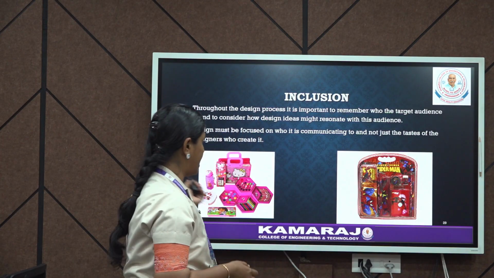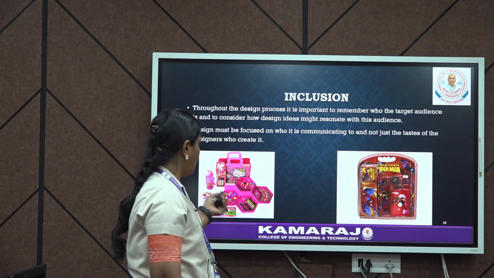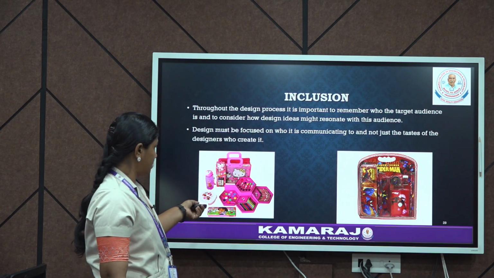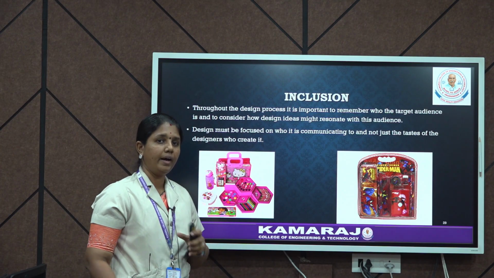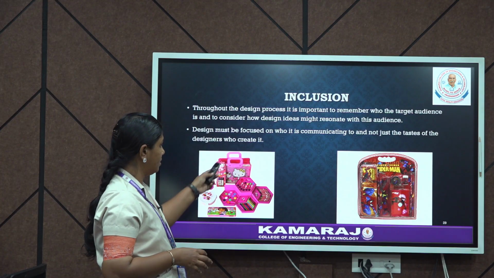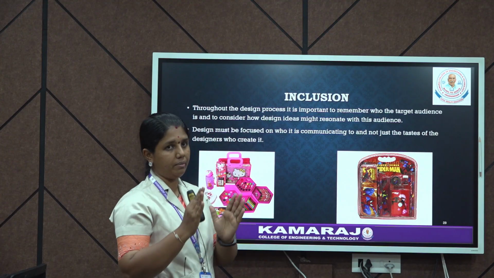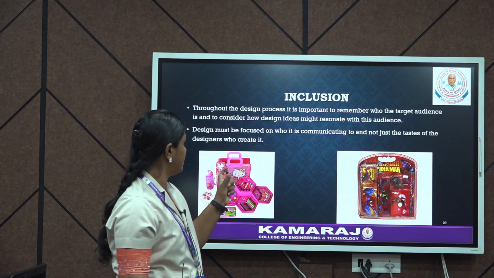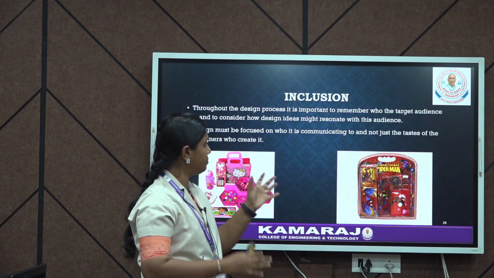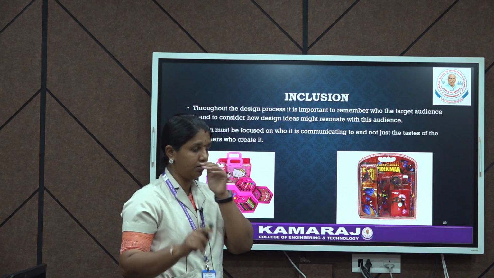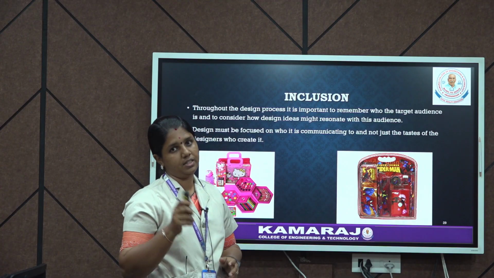For example, if our target audience is kids, they also need crayons, boxes, a snack box and a water can. These are all a combo offer, all in one place, that the target audience needs. So, design must be focused on communicating to the audience and not just the taste of the designers who create it.